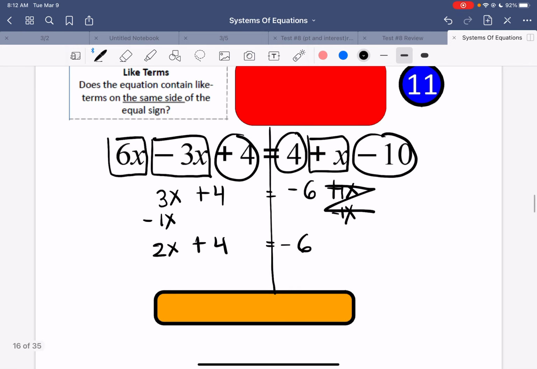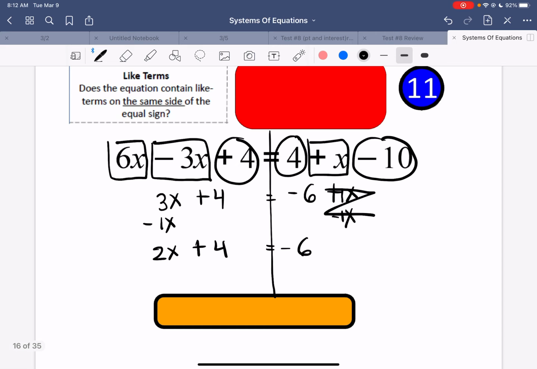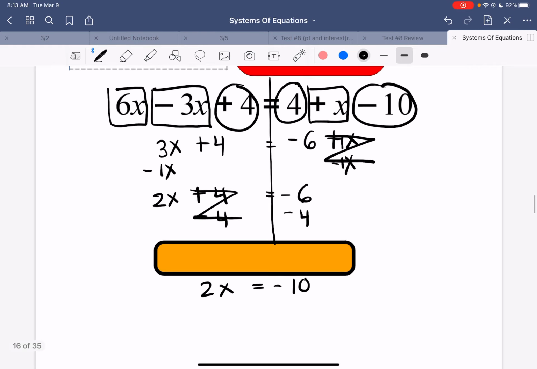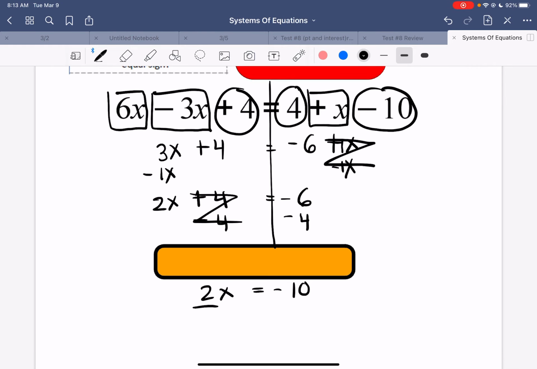Then we take our constant that's on the same side of the variable and move it to the other side. So now that becomes 0, and we're left with 2x equals negative 10. And then our last step is to divide by our coefficient, which is 2. And that leaves us with x equals negative 5.